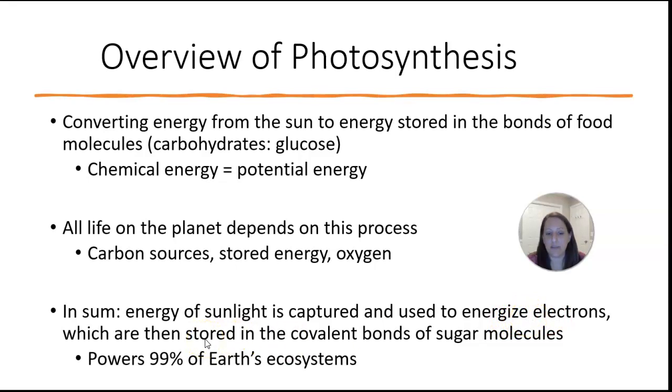And then that energy ends up being converted and stored in the chemical bonds of glucose molecules. This process powers about 99% of Earth's ecosystems. There are some organisms that are chemotrophs, chemoautotrophs. They do not use sunlight. We're not going to actually talk about them. So about 99% of Earth's ecosystems depend on this process.